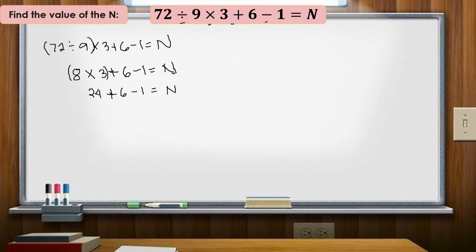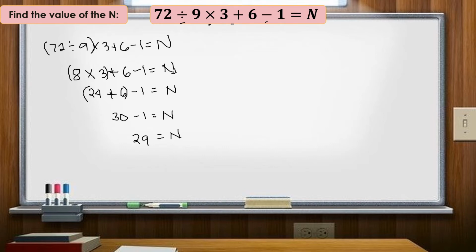Which one do we do first, plus or minus? From left to right, we do 24 plus 6 first, which is 30, and then minus 1. So 30 minus 1 equals n. Therefore, n equals 29, because the last operation we did is subtraction.